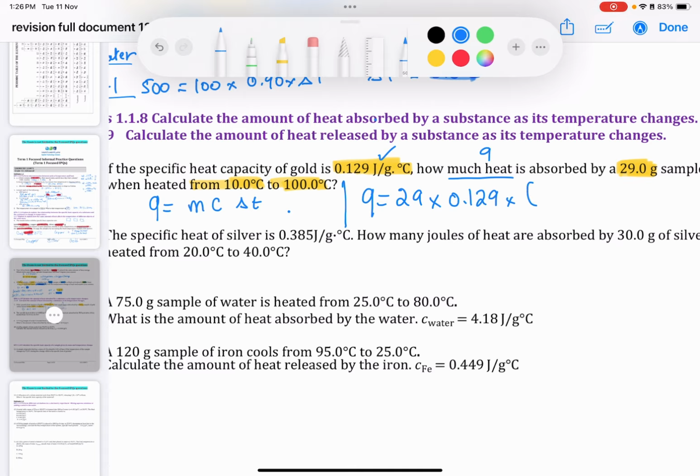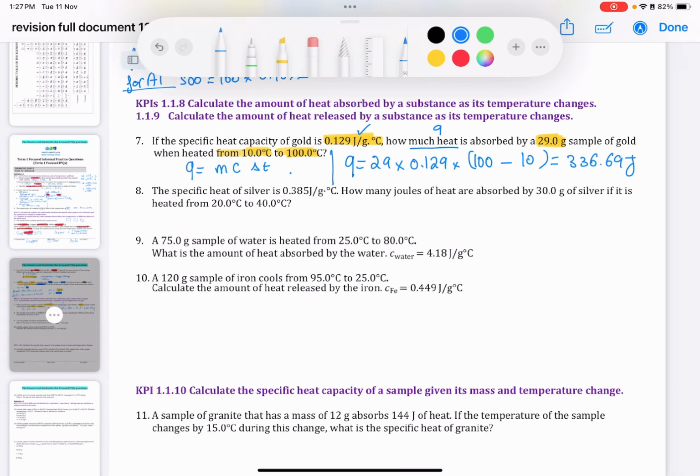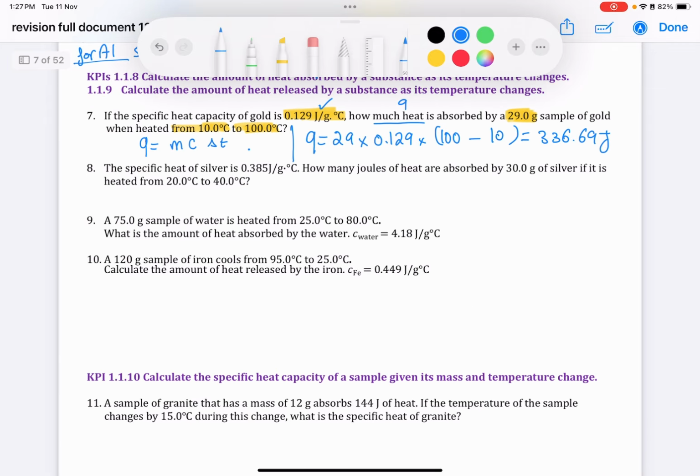Now, delta T, always remember the delta is final minus initial. So, go back and read. The temperature changed from 10 to 100. So, it means 100 was the last temperature and 10 was the initial temperature. By entering this to your calculator, you get 336.69 joules of energy absorbed.